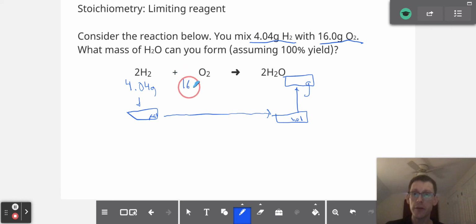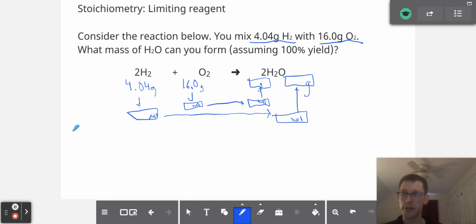But I'm also going to say we have 16.0 grams of O2. We're going to go to moles of O2. We're going to go to moles of H2O. Then we're going to go to grams of H2O. So what we're doing is we're doing 2 mass-mass calculations. The first one is going to be 4.04 grams of H2.